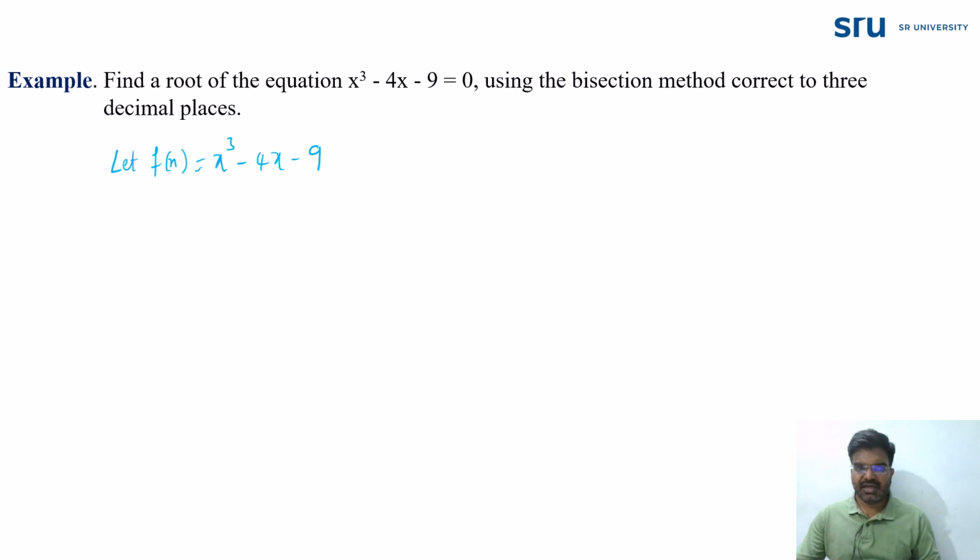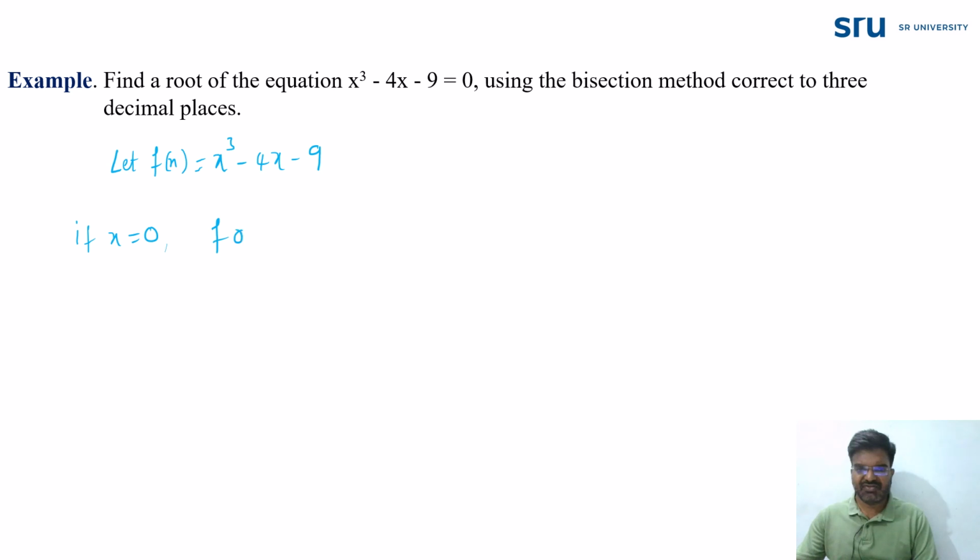See, at the starting point and at the ending point of the interval, the function should have opposite signs. To identify the interval, it is a very simple thing. You have to substitute numbers in this function and verify where you are getting positive and negative. Suppose I start with x equal to 0.